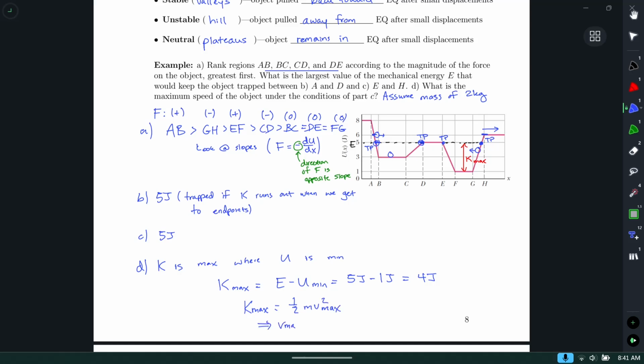And so that maximum speed I get by solving for Vmax. And that comes out to 2 meters per second.